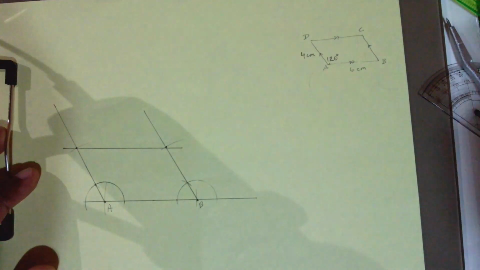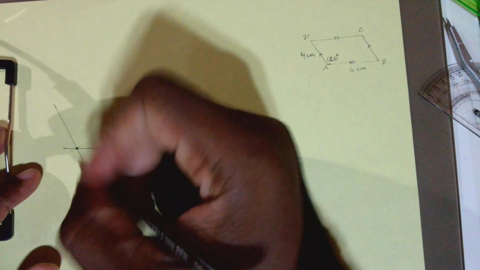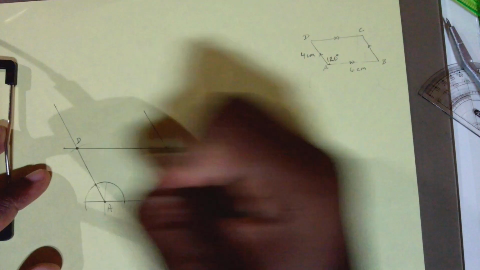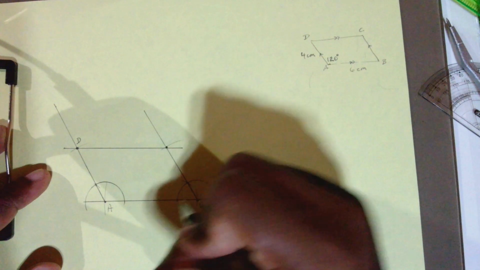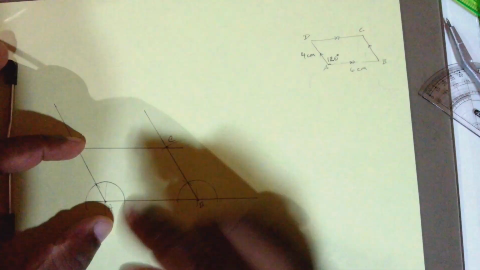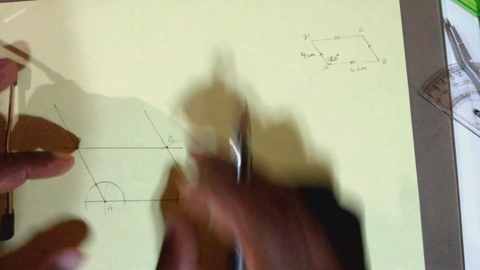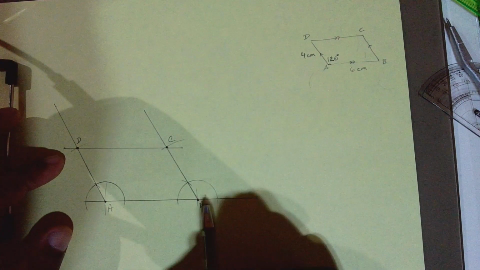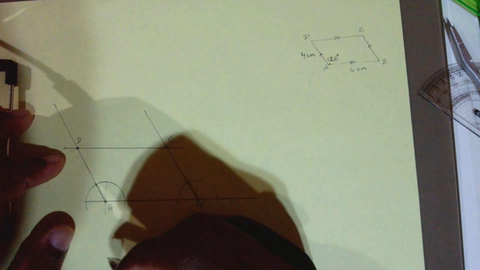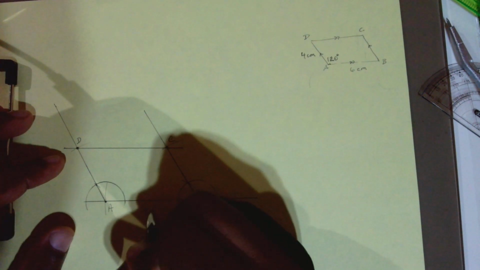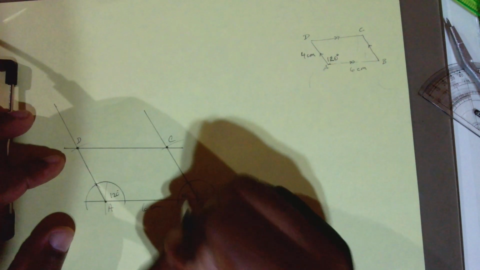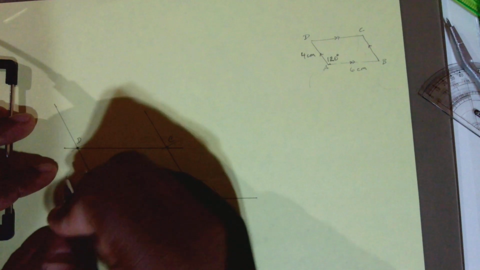And so this point here, based on my drawing, would be D. And this point here will be my C. So I get my 2 pairs of parallel lines, from D to C and A to B. And AD and BC, those are parallel as well. Put my angles in. This is 4 centimeters.